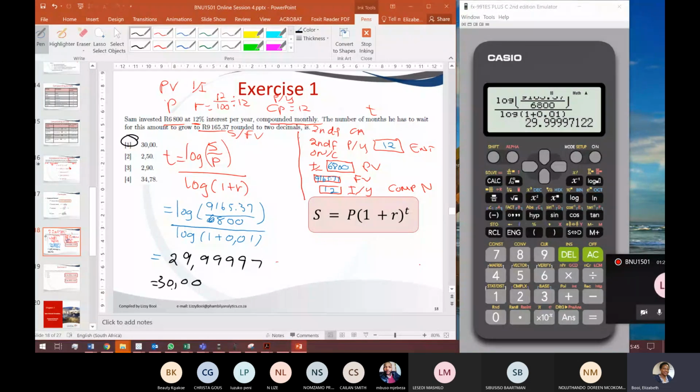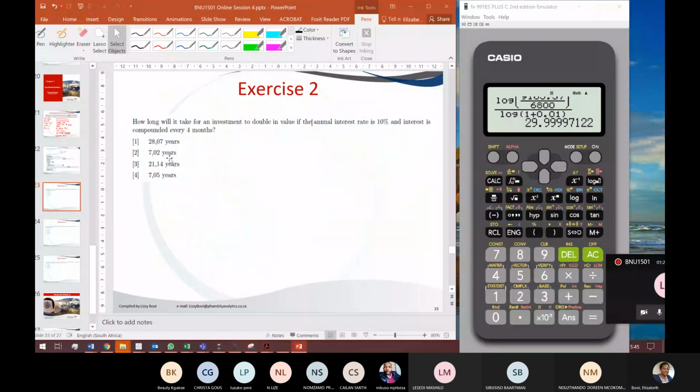Let me see if we have an exercise that looks like that somewhere. There we go. Here is one good exercise. If you look at this, it says, how long will it take for this investment to double in value if the annual interest is 10% and the interest is compounded every 4 months?